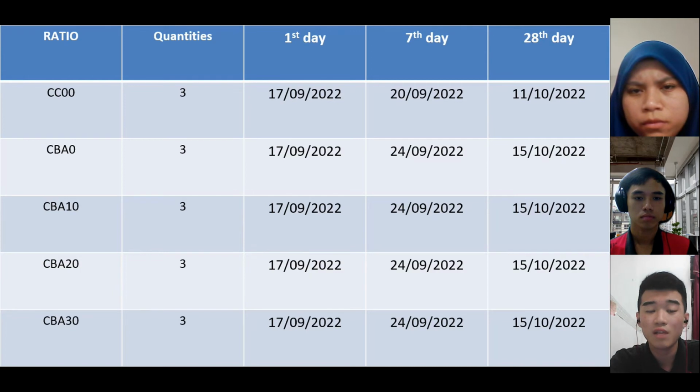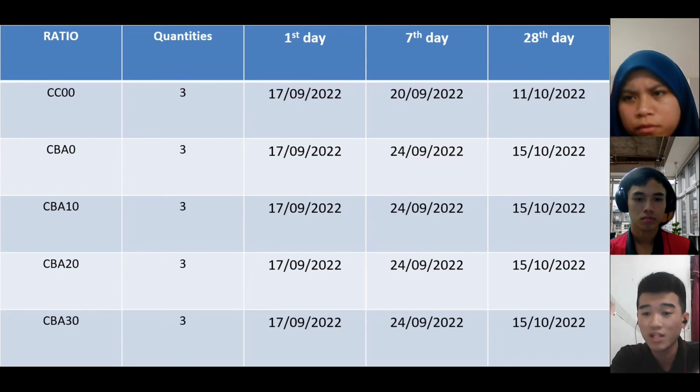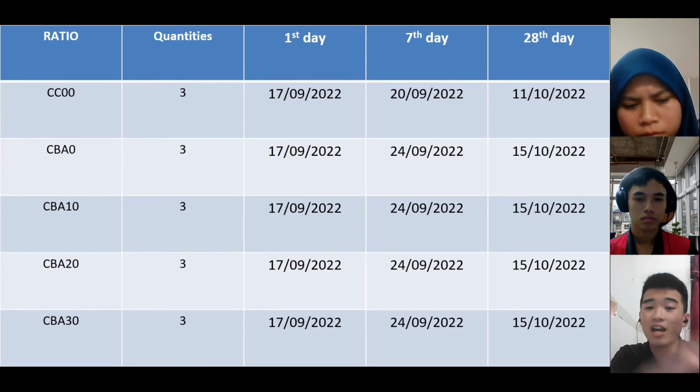After 7 days, we take 1 cube for each ratio to do the compressive strength test and density test. And at 28 days, we take another 2 cubes for each ratio and do the density test and compressive strength test.